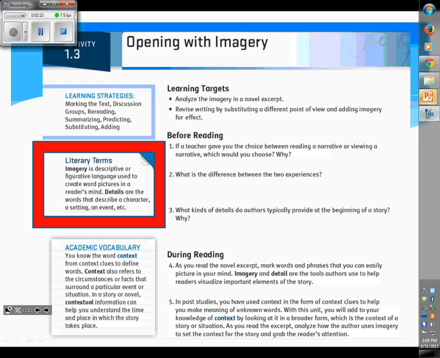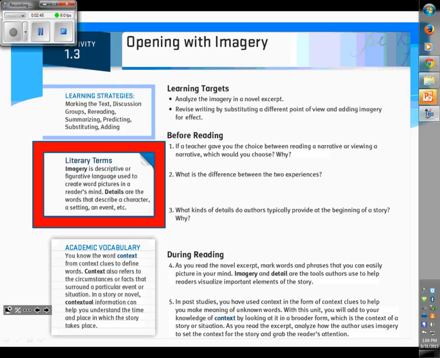Josh, could you please read for us the literary terms box? Imagery is descriptive or figurative language used to create realistic views in a reader's mind. Details describe the character, setting, and more. All right, so imagery is that idea of having a film happening in your head, and the way that the author makes the imagery come to life is by adding the correct details to help you build that image.